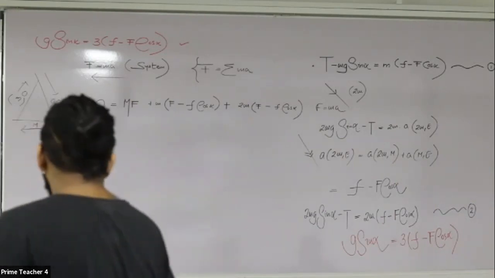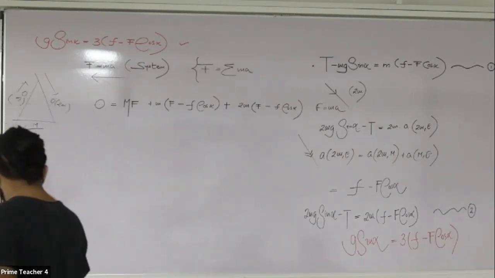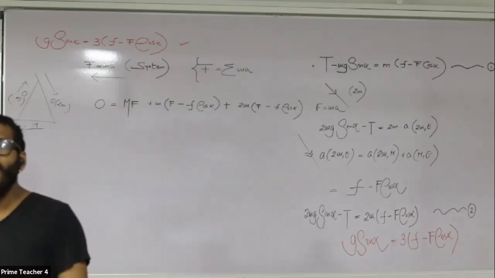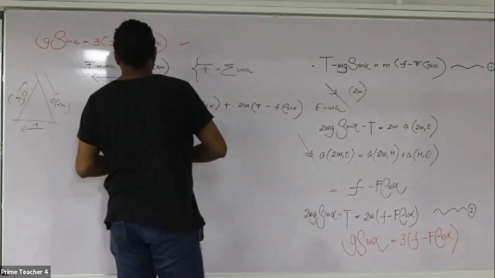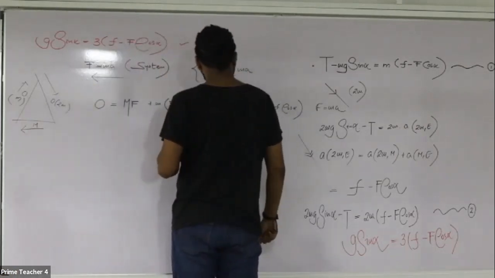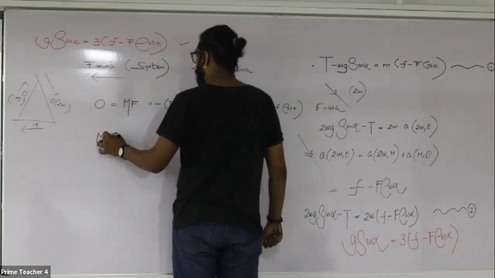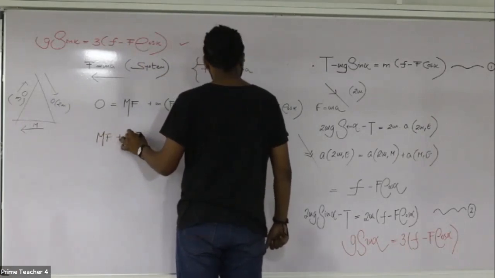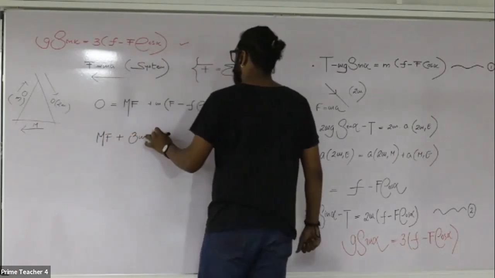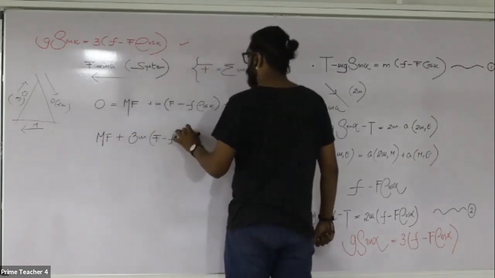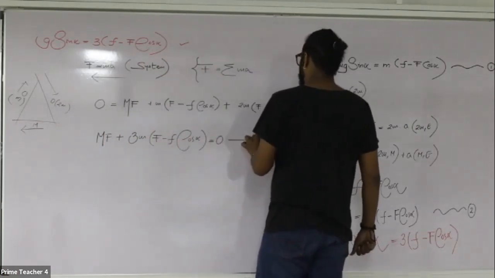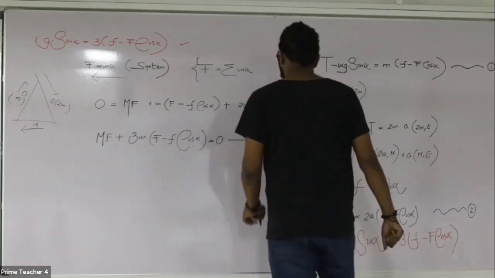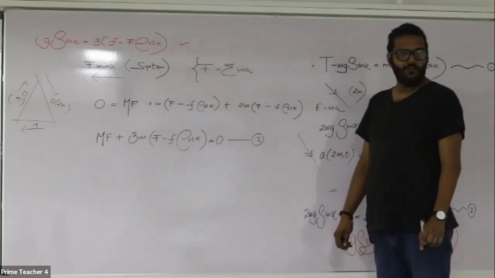See. So let me simplify this a little bit. So this is going to be MF plus 3M times F minus F cos alpha equals, I think that's equation number 3.